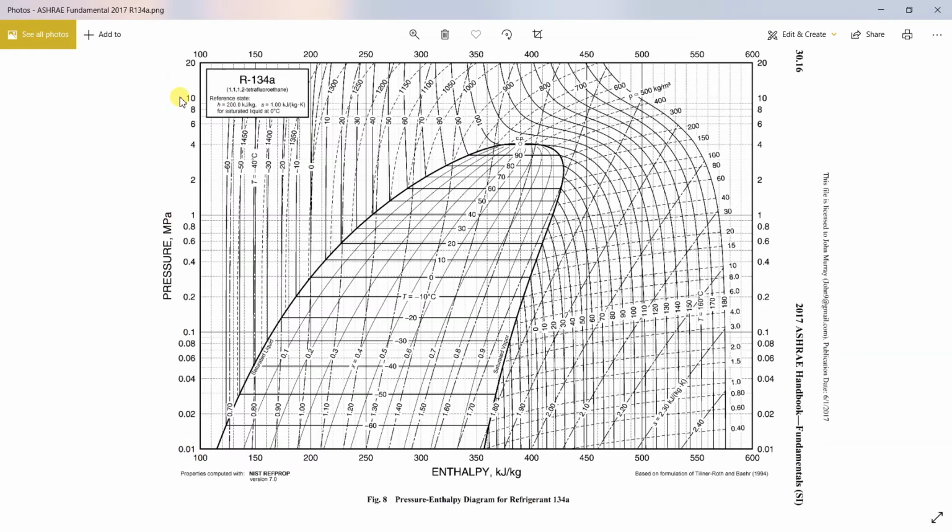Here you can see this is 0.01, then 0.02, and suddenly it becomes 20 megapascal. Just see the height for 0.01 to 0.02, and for 10 to 20 megapascal, see the height. So it will be difficult for you to take a good value from this chart. So we won't be using this chart when we are solving numericals.